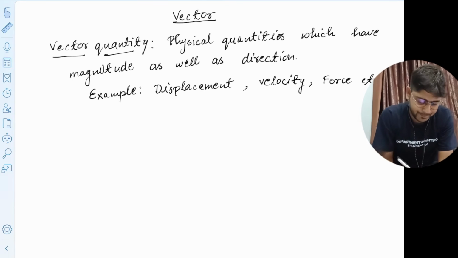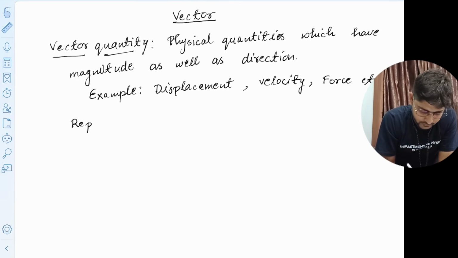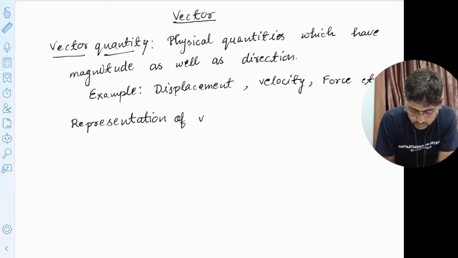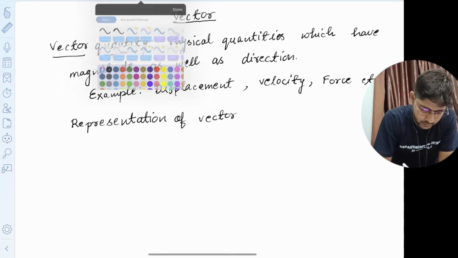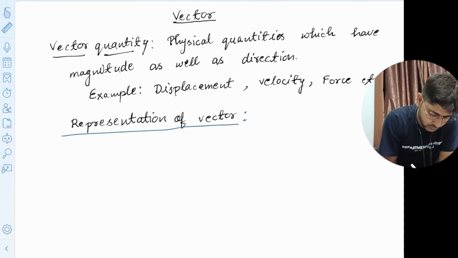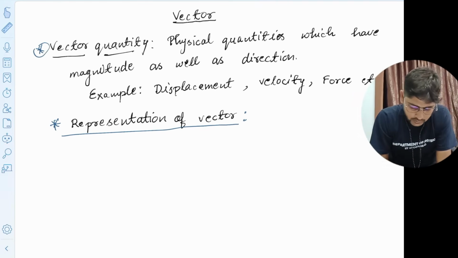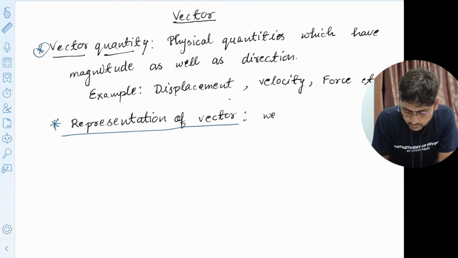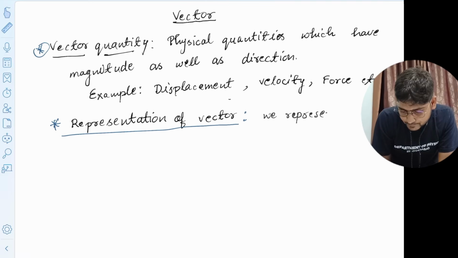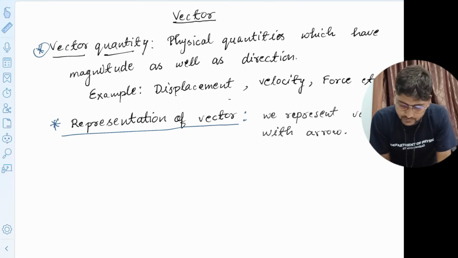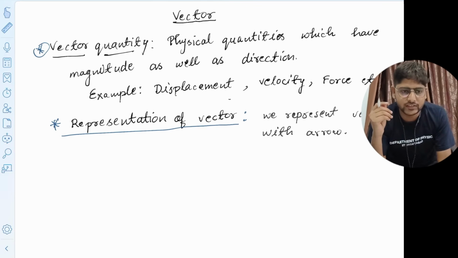So how do we represent vectors? Representation of vector. We represent vectors with an arrow.